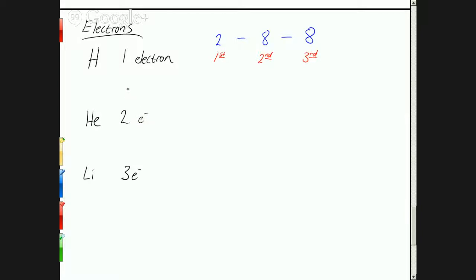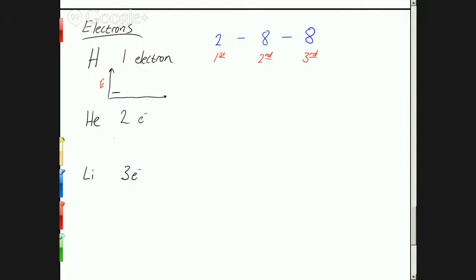And one way that we can express this is on a little graph of energy. We'll make a big E for energy. The closer they are to the nucleus, the lower the energy there is. So I make a little line here. That's going to be my first level. And that's going to fit 2 electrons.